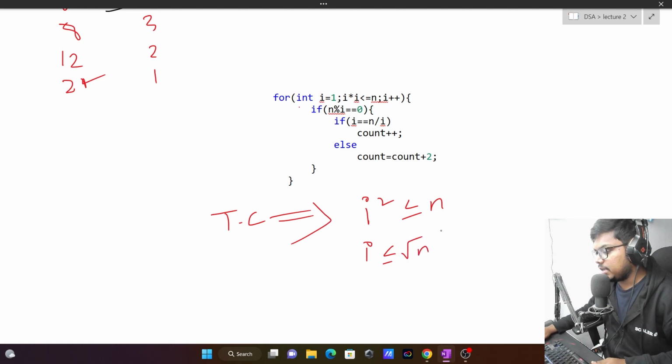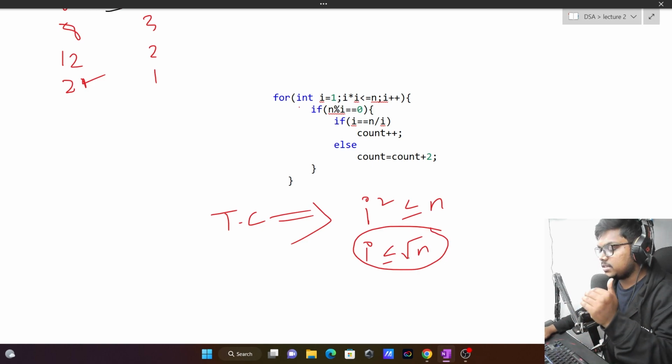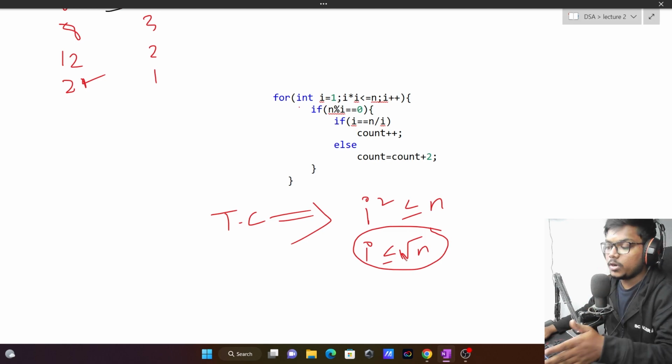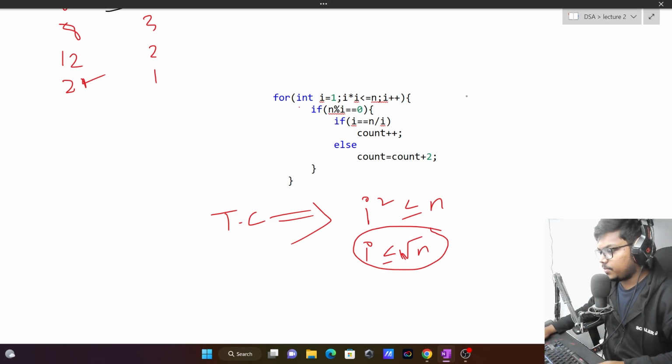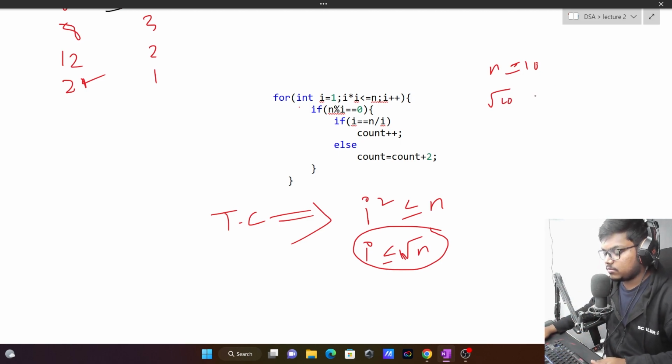So basically my condition is satisfying up to root n only, right? For example, n is equal to 10, and what is the root of 10? Something like 3 point something, right?